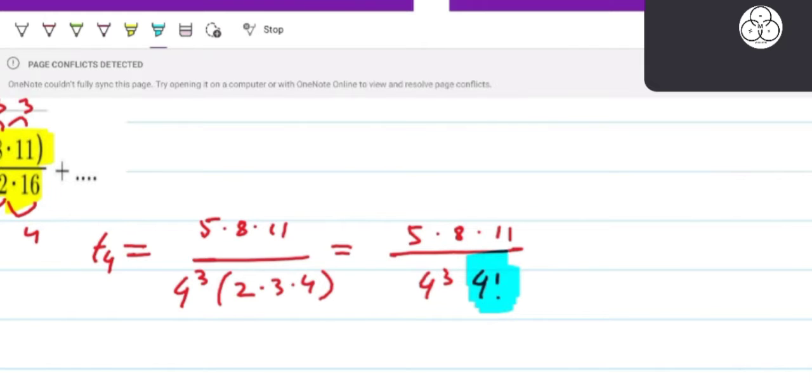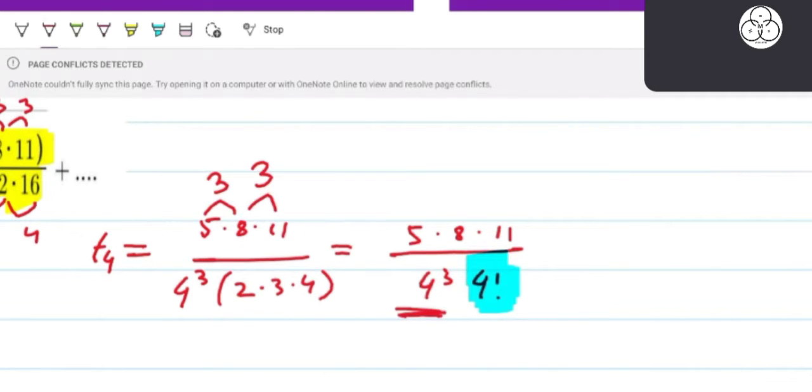So what we will do here, these terms are a little bit confusing. As we can see very clearly, they are increasing by a factor of 3. So what we can do, here we have a 4 cube, right?